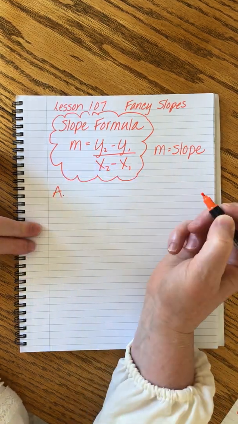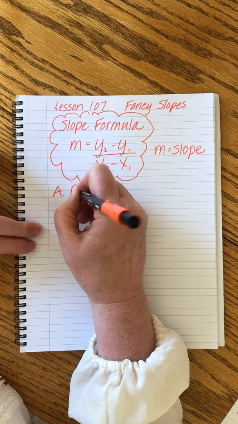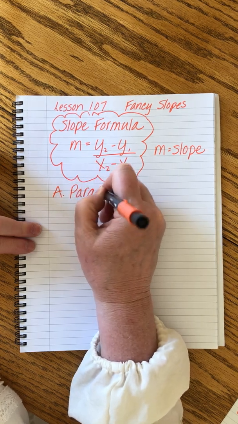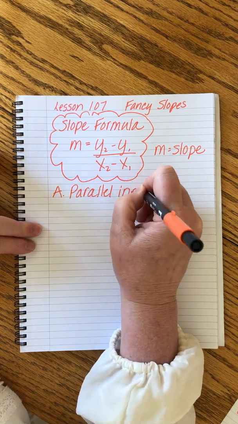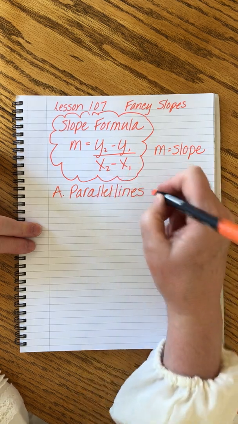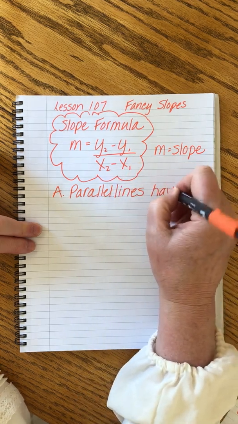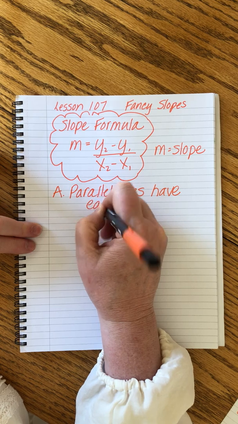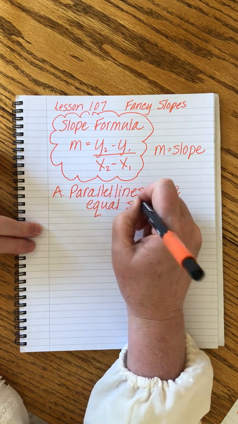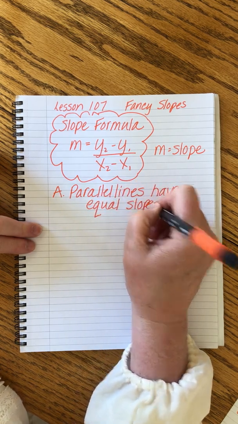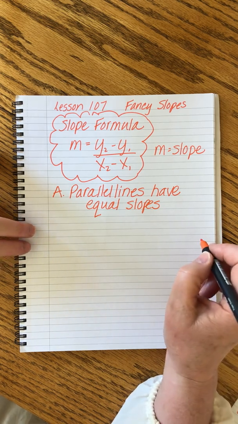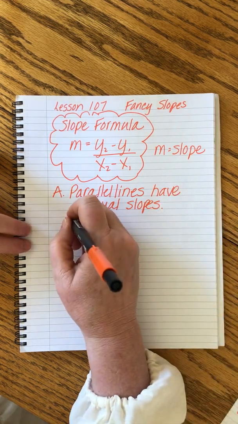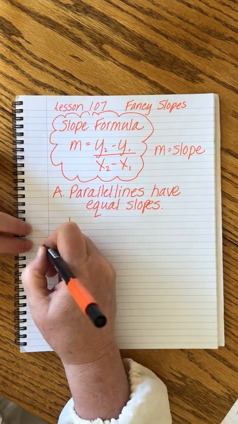In the first situation, which is part A, we are going to learn that parallel lines have equal slopes. Let's just take a look at that because it's an interesting idea. We don't even have to graph them.